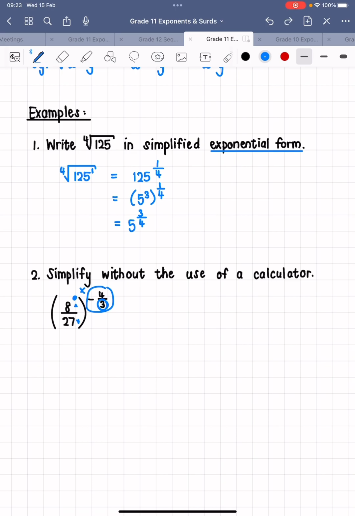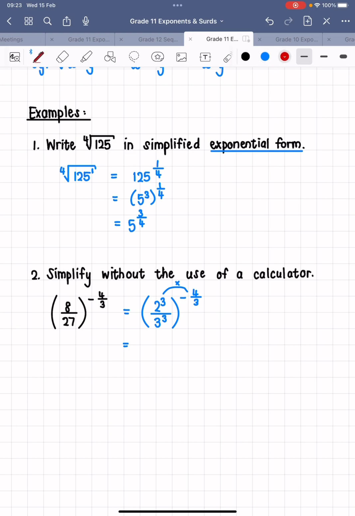So what I'm going to do is rewrite 8 as 2 to the power of 3, and I'm going to rewrite 27 as 3 to the power of 3. That is still to the power of negative 4 over 3. But now, in the next step, when we multiply these exponents together, we're going to say 3 times negative 4 over 3.